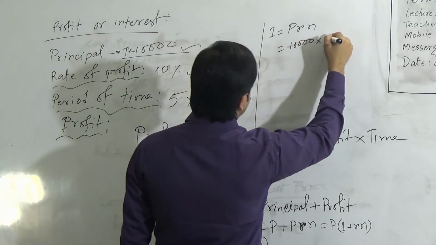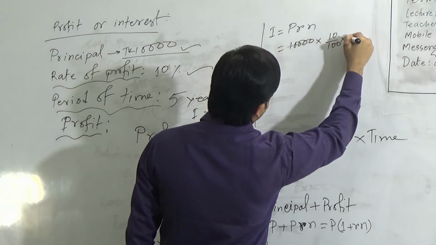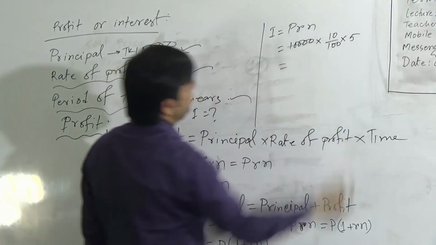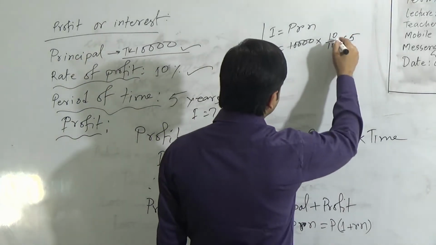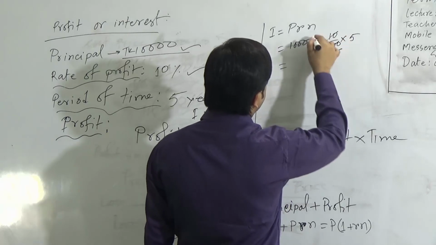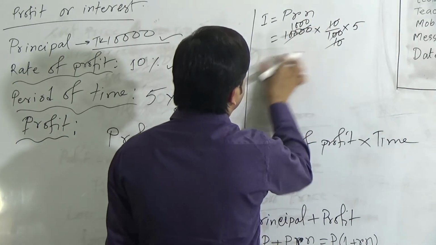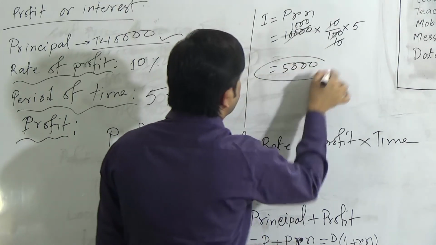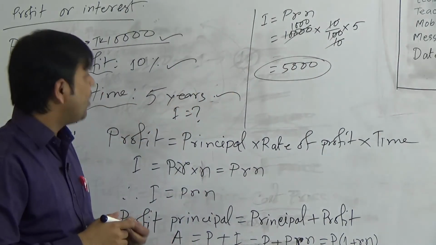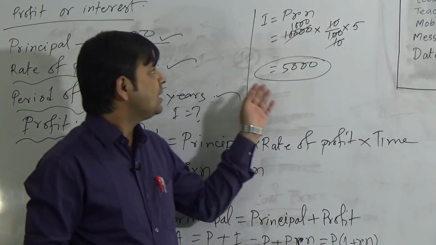R means 10%, means 10 by 100, and N means time is 5 years. So we can determine easily profit here. We can cut by 10 here, 10 we can cut 1,000. Now if we multiply by 5, we will get here 5,000. So 5,000 is the profit of 10,000 taka after 5 years.